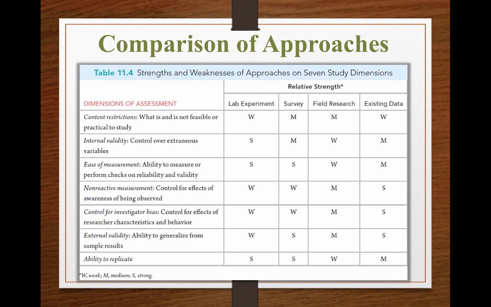Because obviously this is not going to be reactive because it just exists already. So there are certain ways that you have to understand how the methods work, what those strengths and limitations are, so that you can overlap them in a way that you eliminate or limit the weaknesses and really just enhance the strengths.